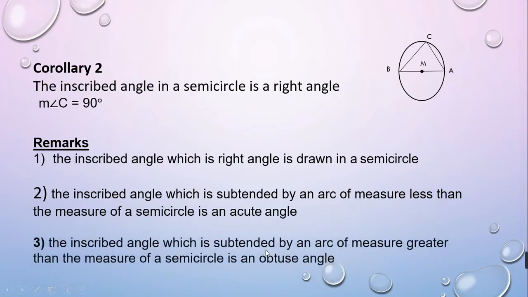And if the measure of the arc is greater than the measure of a semicircle, or greater than 180, the measure of the inscribed angle which subtends this arc will be an obtuse angle.